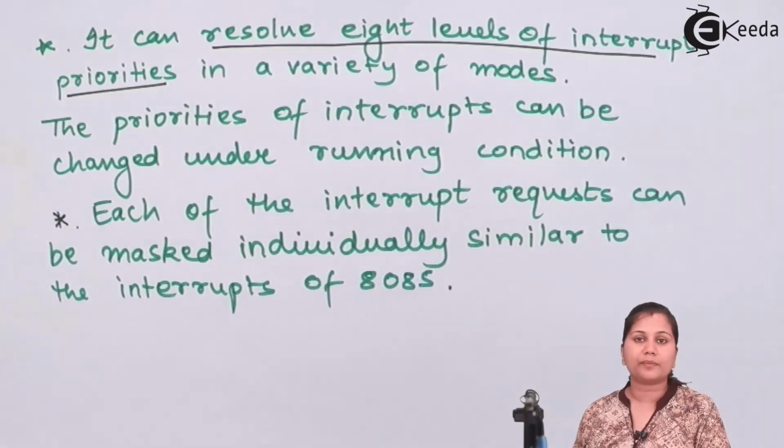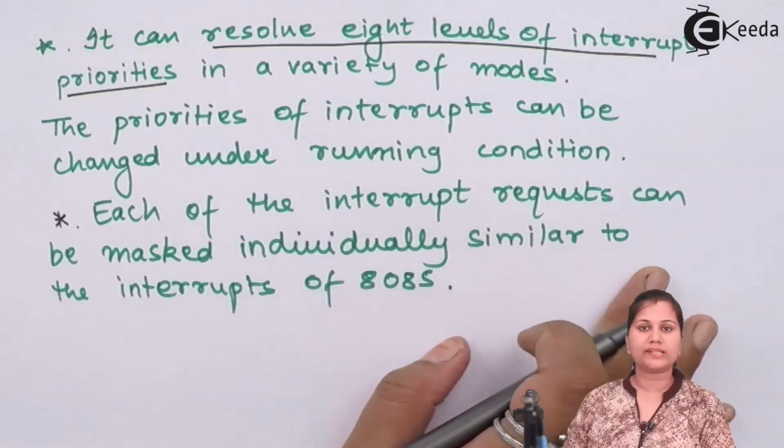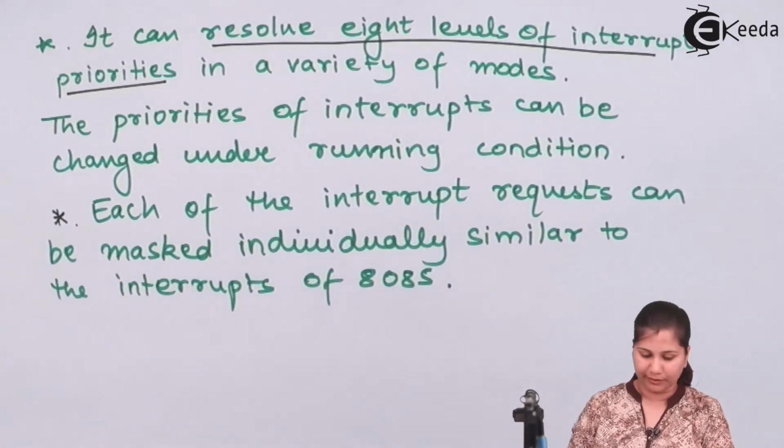So just like the interrupts of the 8085, the interrupt requests through this 8259 can also be masked individually.